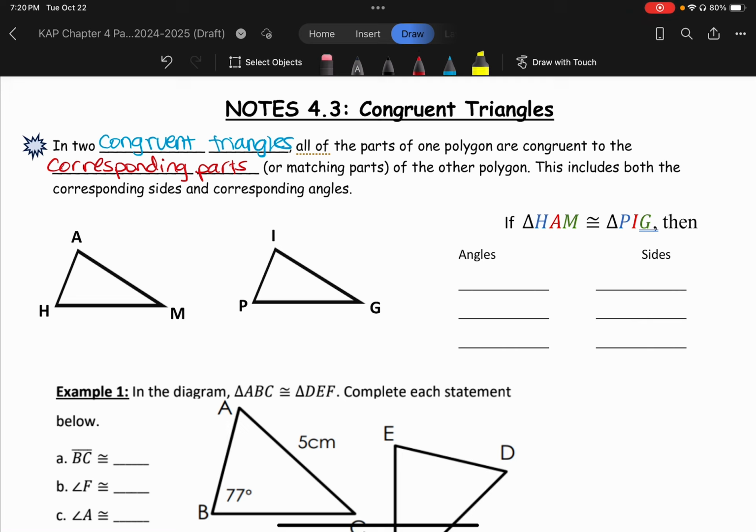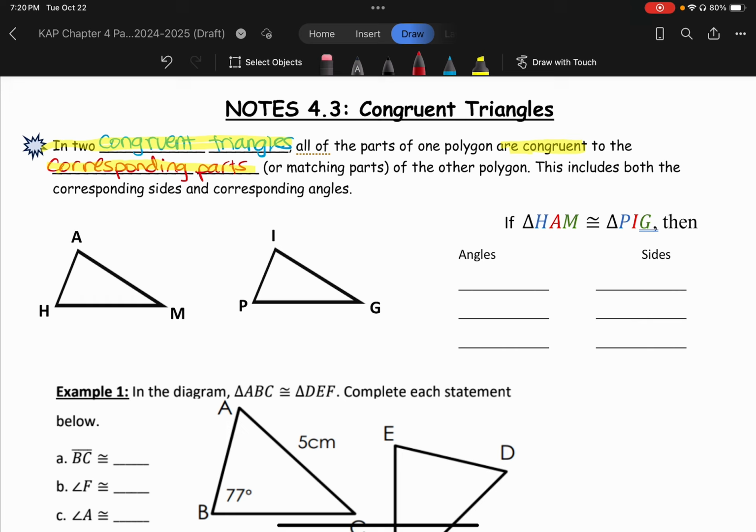Corresponding, we said, means matching position in the past chapter. So really what you want to hone in on here is in two congruent triangles, corresponding parts are congruent. I know I'm kind of reading that in a different order, but what's highlighted there is what you need to know about congruent triangles. Congruent triangles have corresponding parts that are congruent, okay?